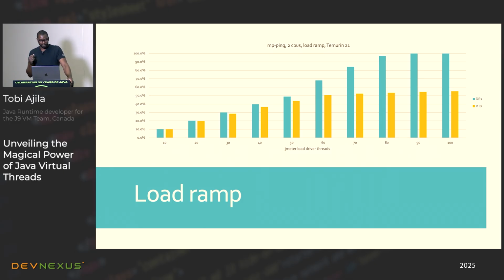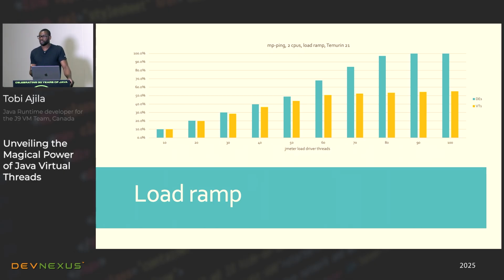This is just to see how it behaves with a very small application. You can see the behavior here is similar to the first set of results I showed. This is where the team determined that the fork join pool scheduler might be the cause. With virtual threads, we tend to be around the 50% mark as the load increases.